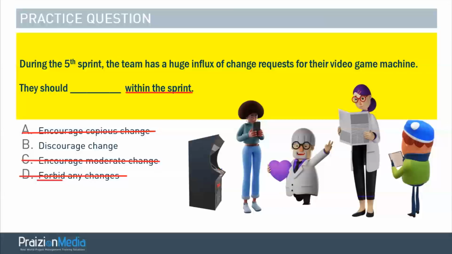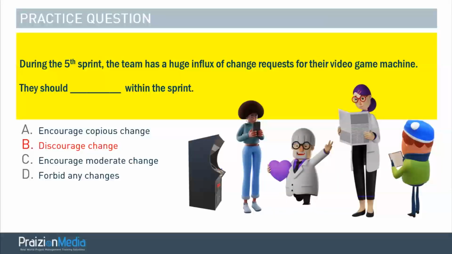The best answer here is to discourage change. We discourage change. We know it could happen, but the best disposition is to discourage it. And when people understand that you've made a commitment to get such and such amount of story points done, and what they're bringing is a distraction, they'll change their behavior and only ask for changes when it is absolutely necessary.